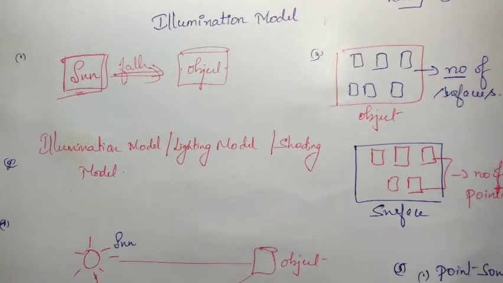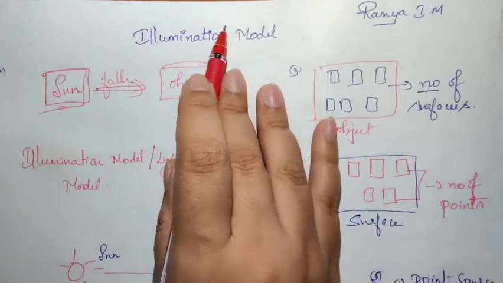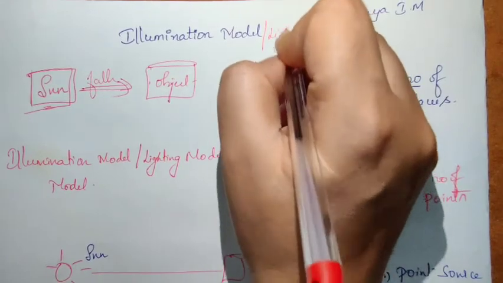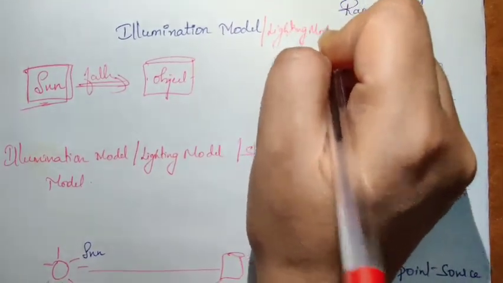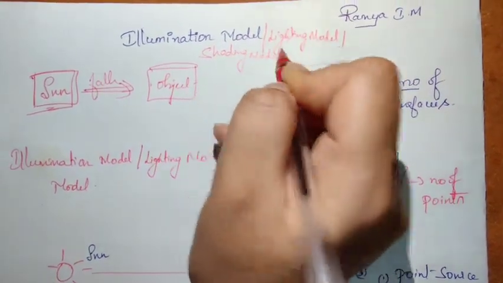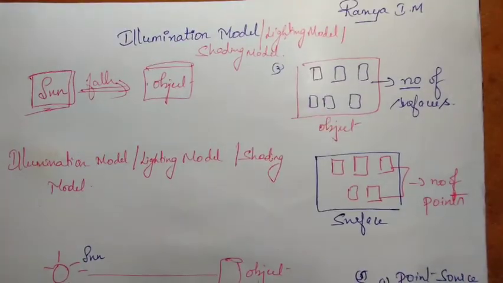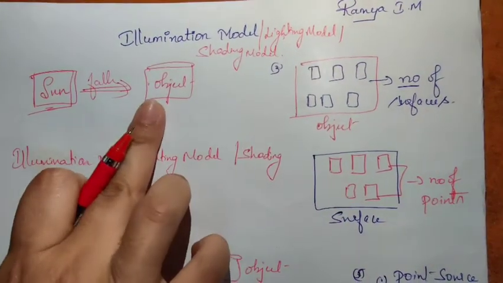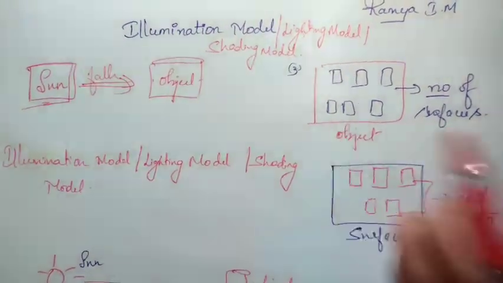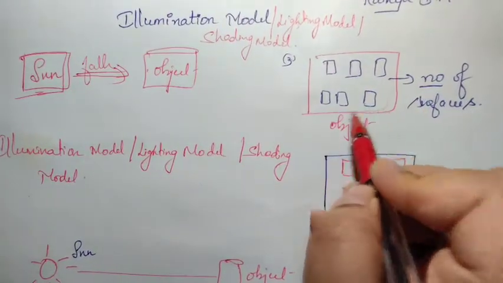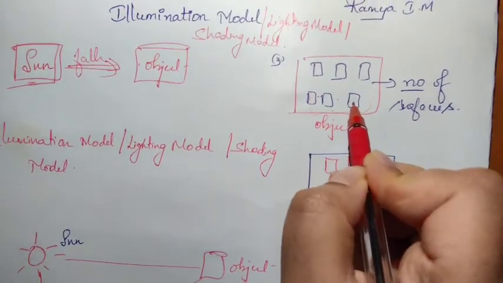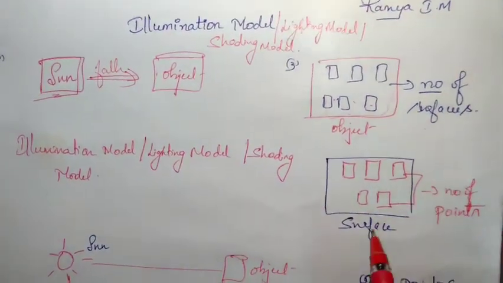Here, this illumination model, or lighting model, or shading model, is used to calculate the intensity of light at a surface point of the object. We can consider this as one object.